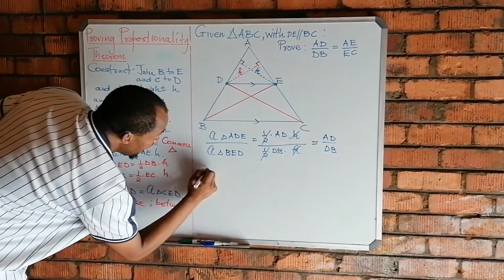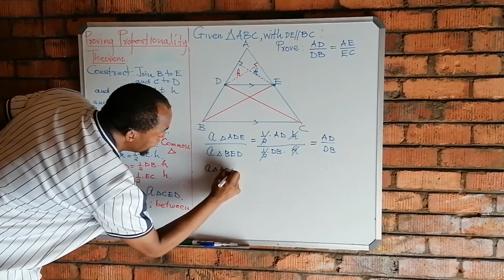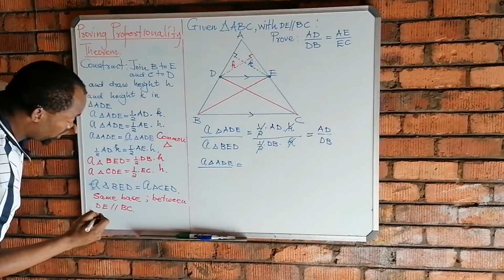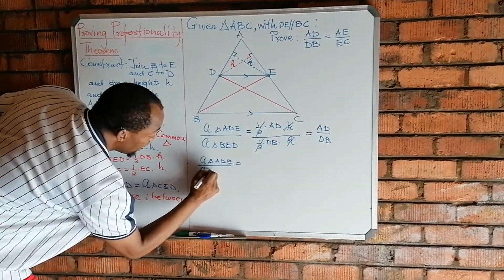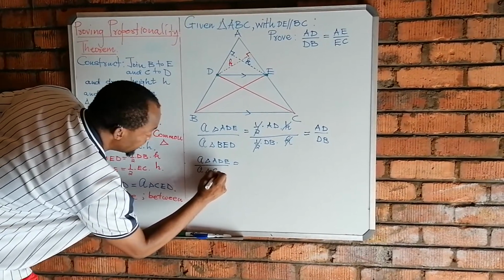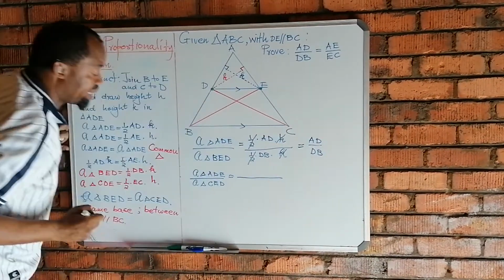Now, I'm going to take area of triangle ADE and divide by area of triangle CED. Let's see what we get.